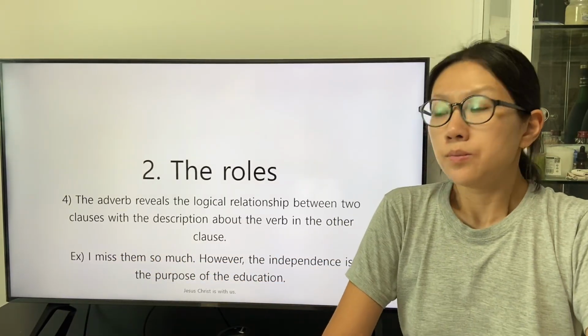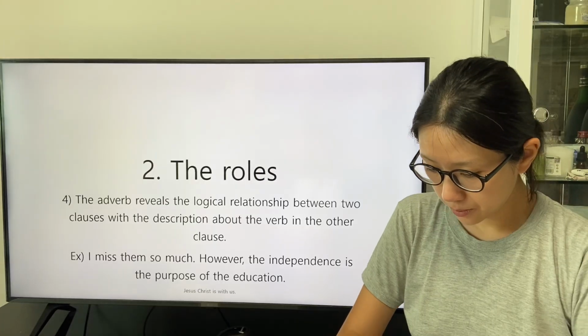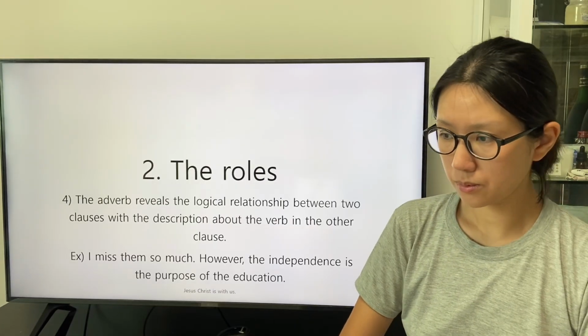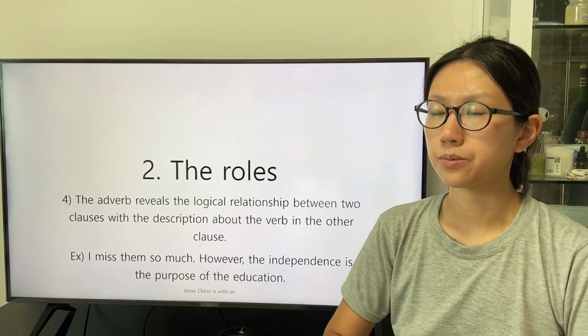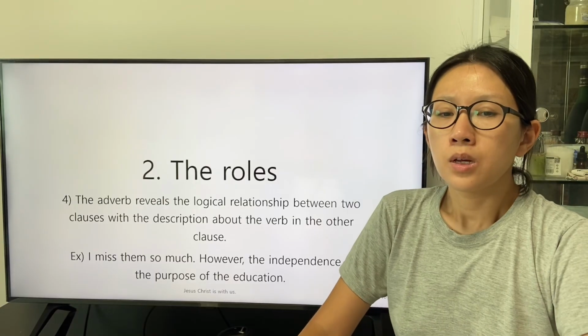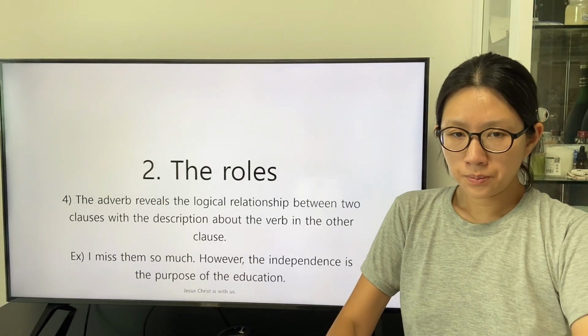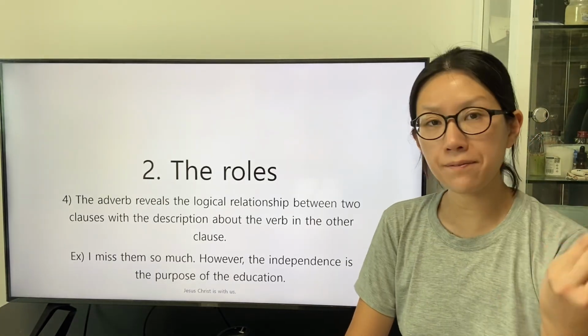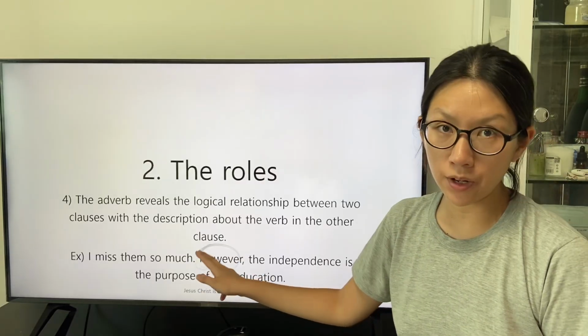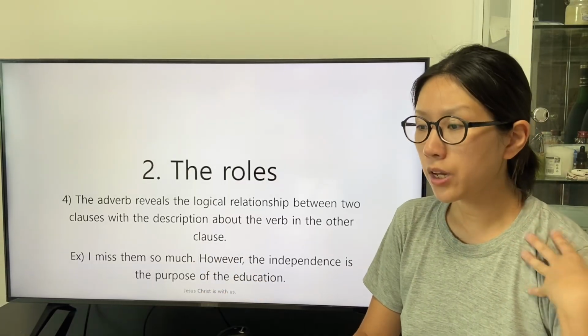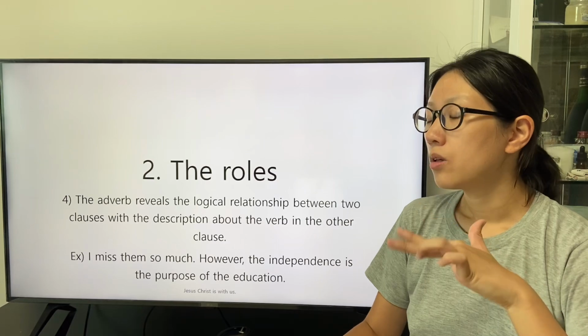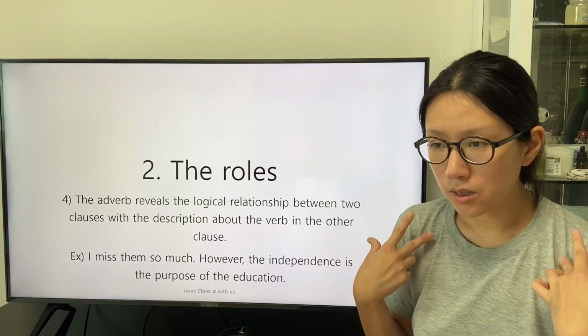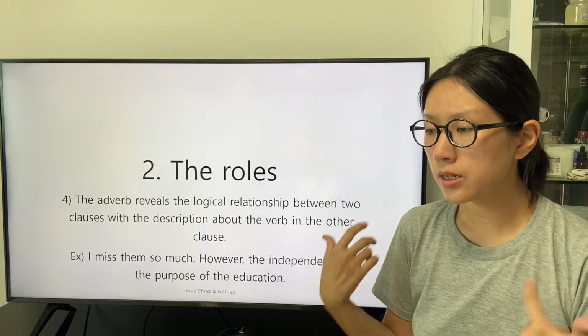The condition of the subject, the independence, is understood in the prior context with the definition of the conjunctive adverb, however, to describe the definition of the transitive verb miss in the previous clause.